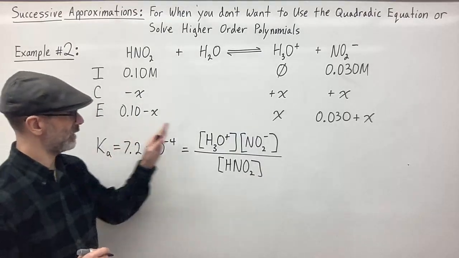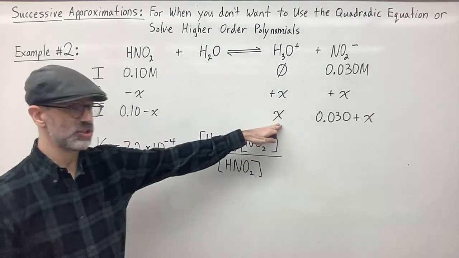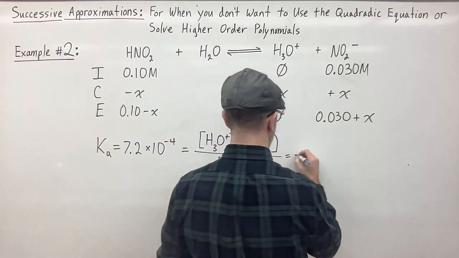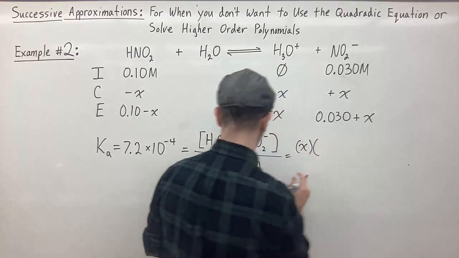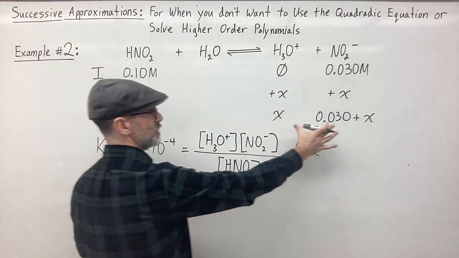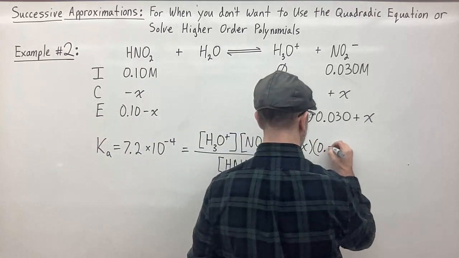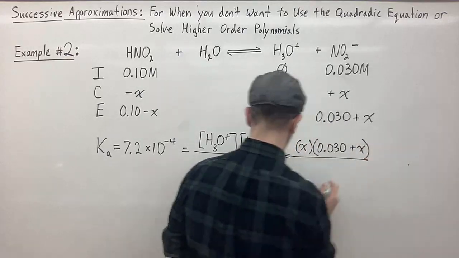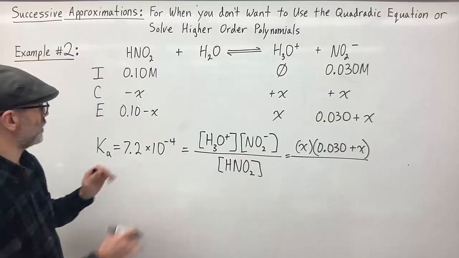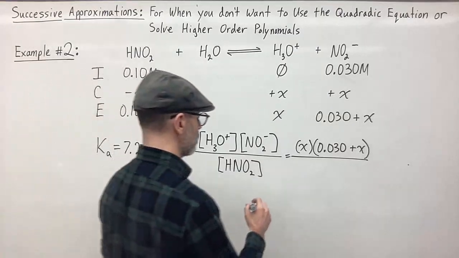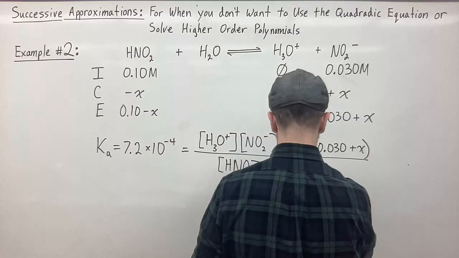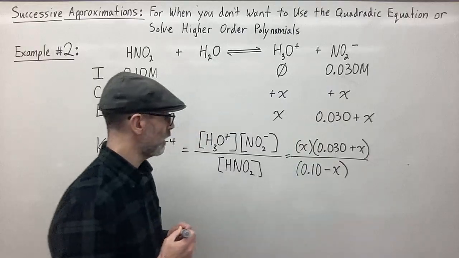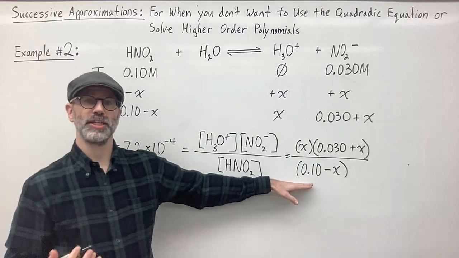We can now plug in the equilibrium concentrations in terms of X. So the hydronium ion is going to be X, times the concentration of NO2 minus, which is 0.030 plus X, divided by the concentration of HNO2, which is 0.10 minus x. And so now we have our equilibrium expression in terms of x.